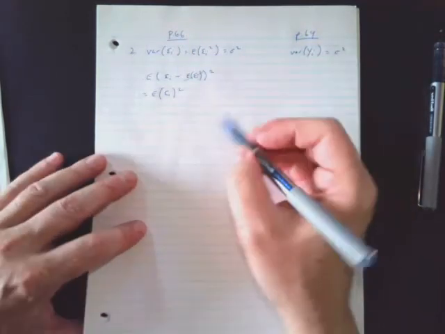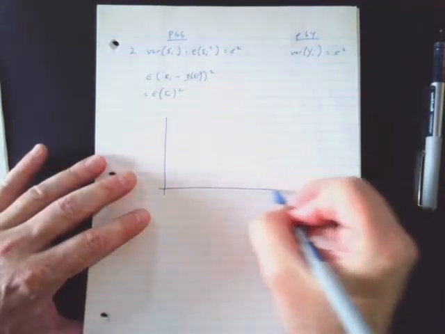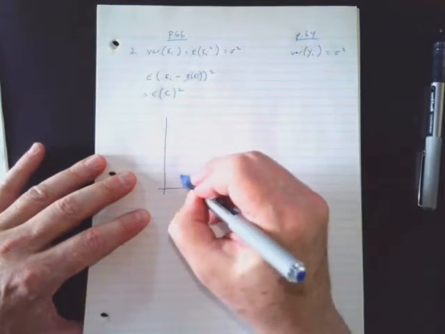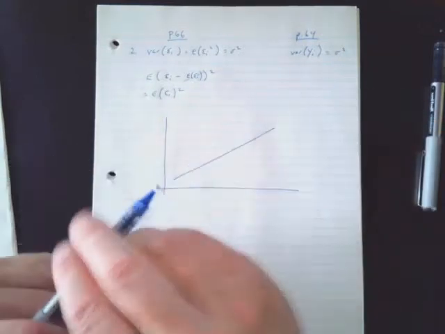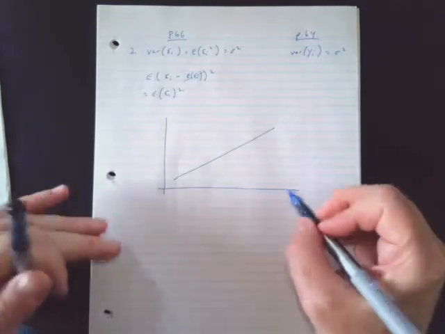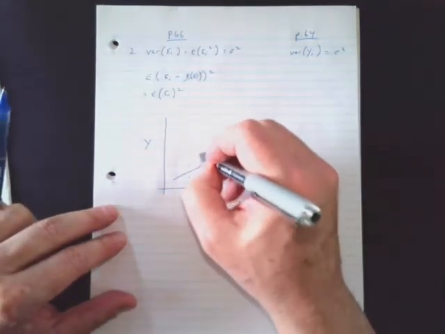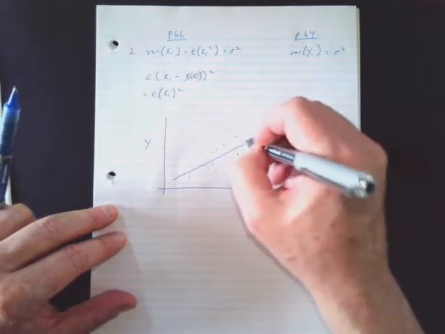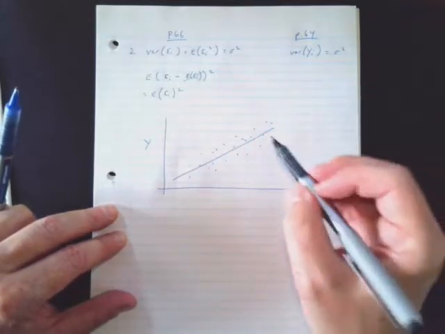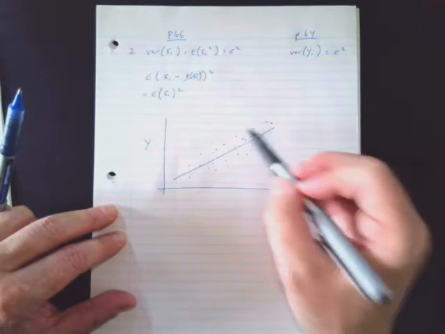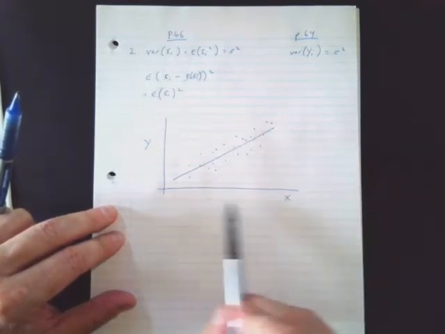So the variance is constant over the sample. And that means that our data, they're dispersed around the regression line, but the dispersion doesn't change over the course of the sample.